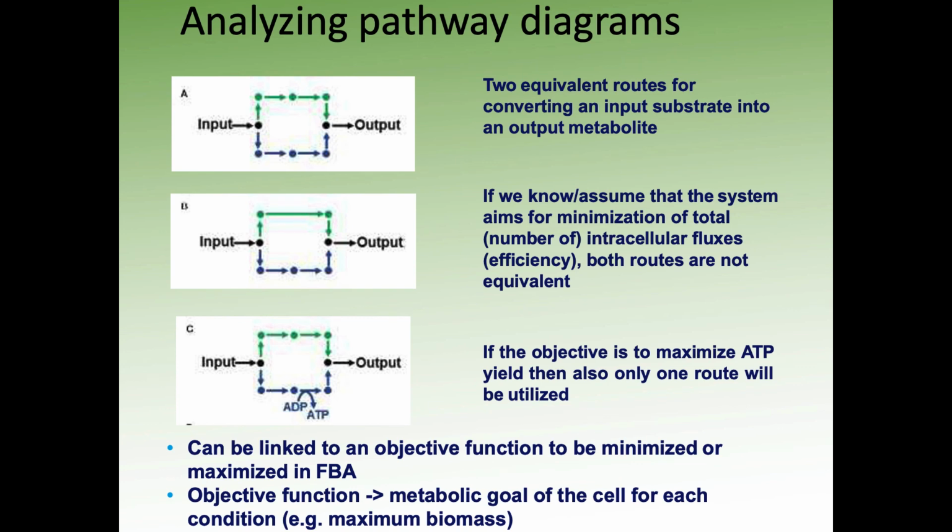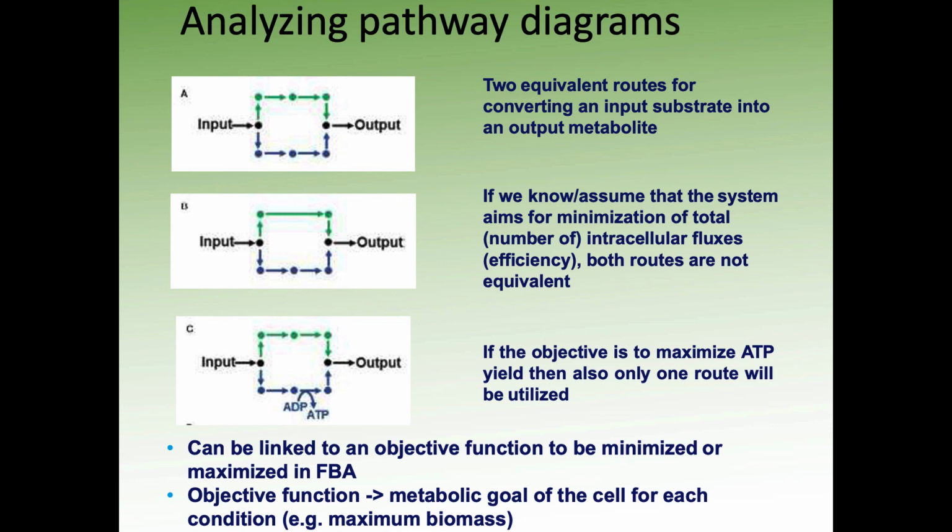So in a flux balance analysis, we could have a diagram where we're trying to figure out the most representative or likely way of resolving what's actually happening in a system.